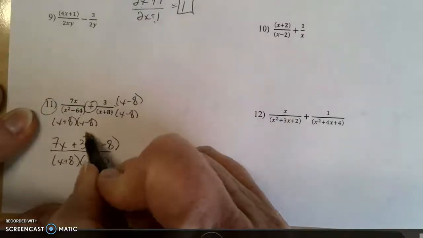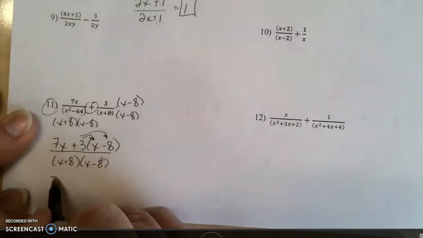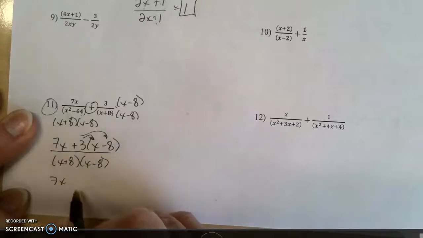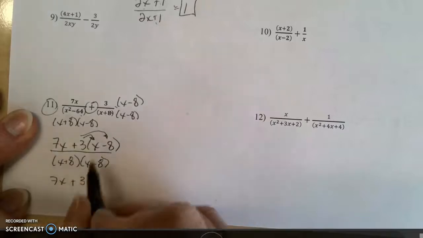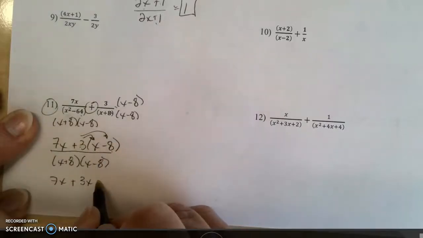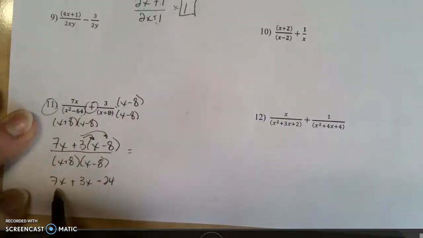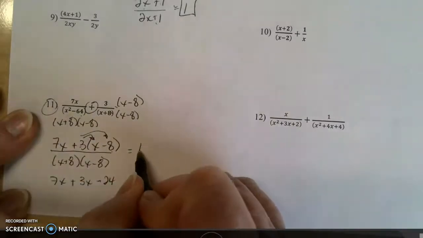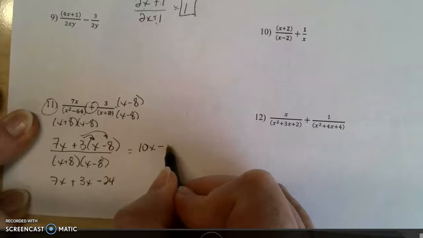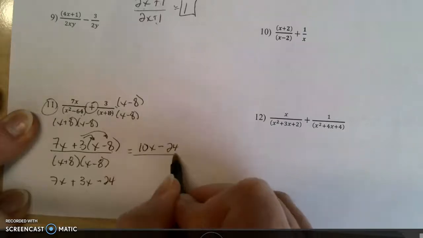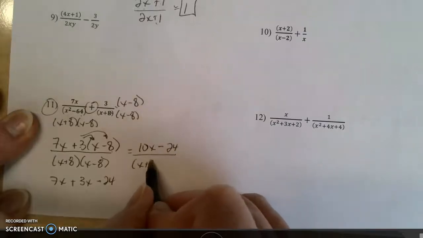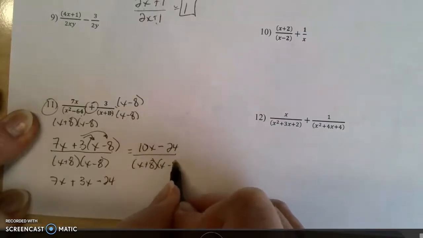So I'm going to distribute. I'm going to look just at my numerator. 3 minus 8. And combine like terms. So I have 7 and 3 gives me 10x minus 24 over x plus 8, x minus 8.